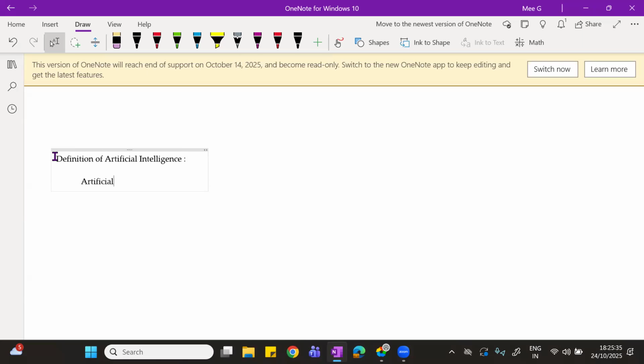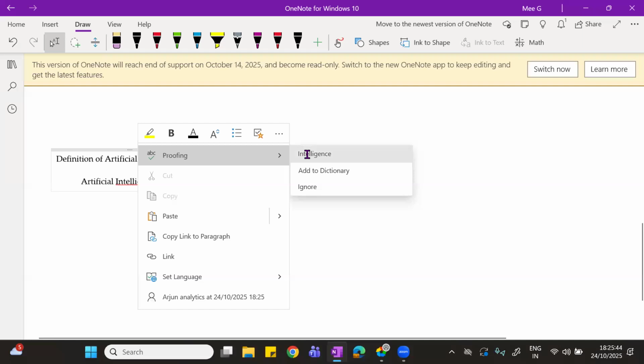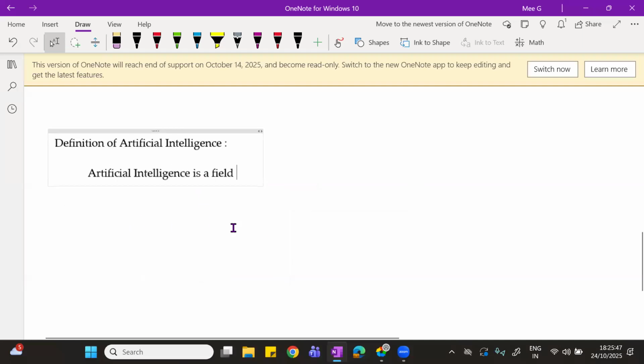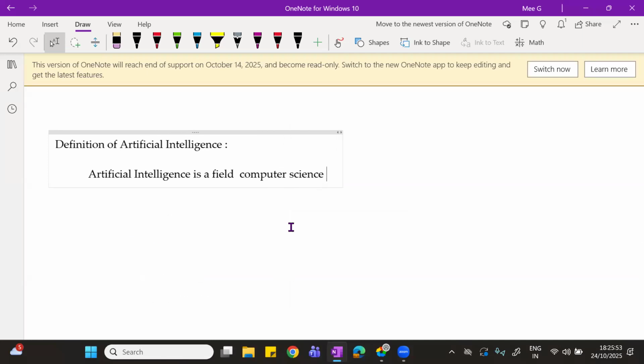Artificial intelligence is a field of, there is a small spelling mistake, a field of computer science, which is used to build intelligent machines capable of performing tasks which require human intelligence.